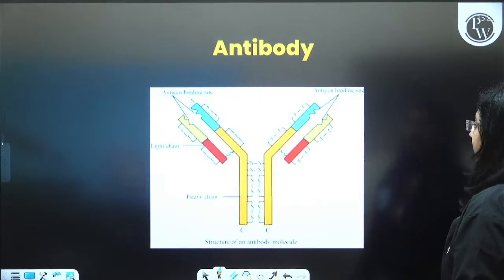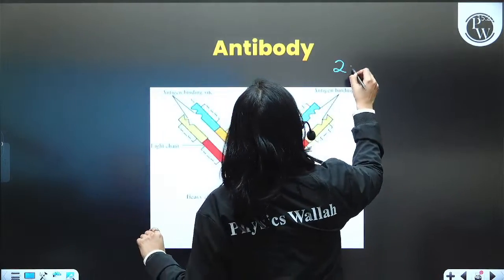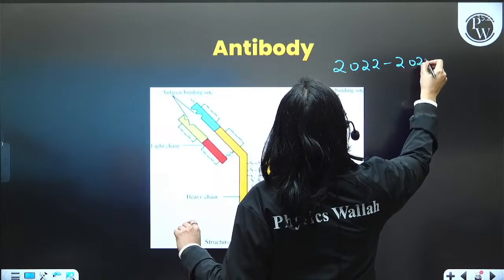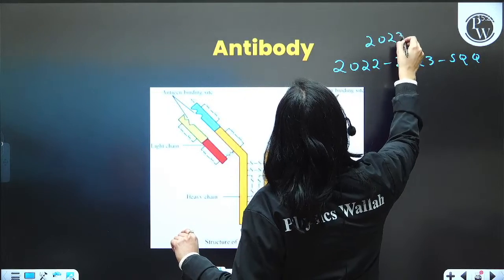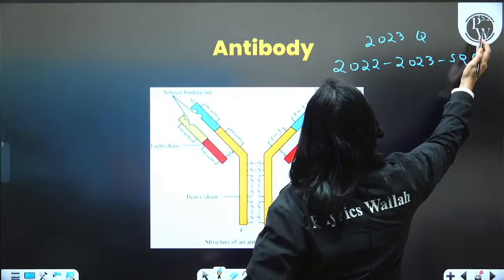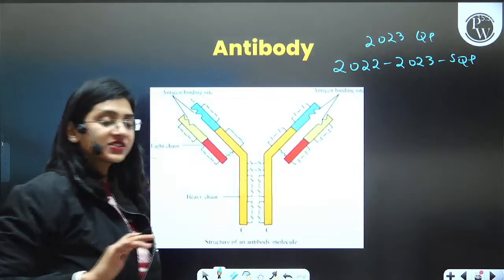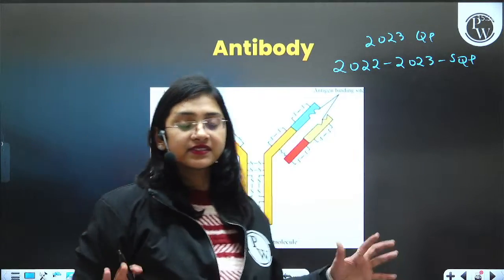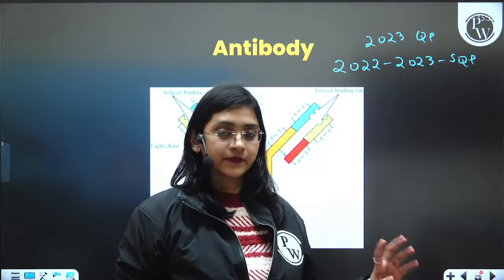And apart from that, if you see last year, that is the 2023 sample question paper, and the final year question paper of 2023, one question is common, that is antibody. Draw the structure of antibody. Okay, so by this we can say that whatever they give in the sample question paper, a similar or the same question will be asked.